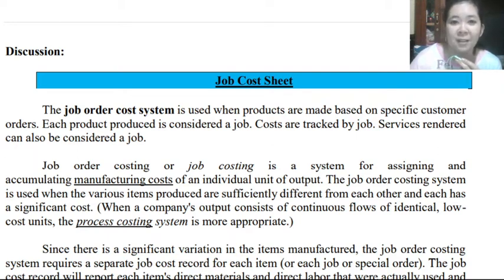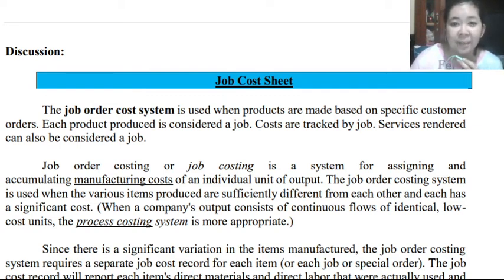made-to-order products. However, when there are various items being produced that are sufficiently different, or when an entity is selling or producing a continuous flow of identical products which has low cost units, that is what we call process costing.